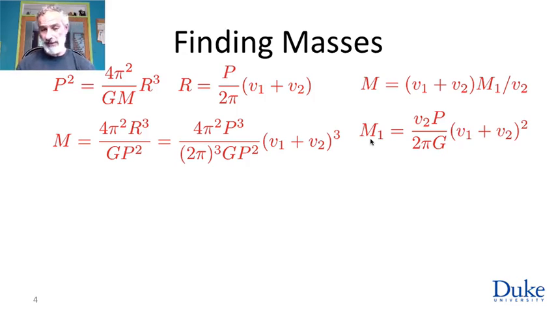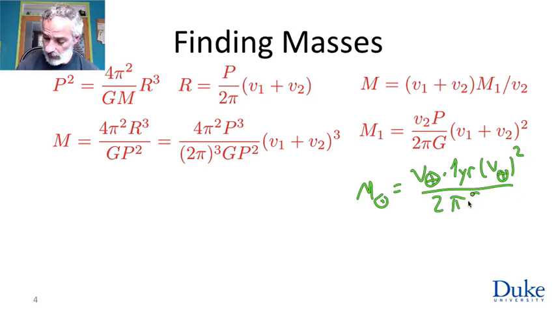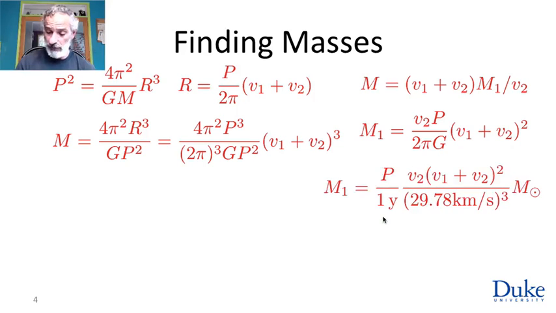Of course, it's easiest to assess this by scaling it relative to, we know that for the Earth and the Sun, I have that the mass of the Sun is equal to the speed of Earth times 1 year times, the speed of the Sun is negligible, let's write the speed of the Earth squared, divided by 2 pi G. And then dividing one expression by the other, I get my happy scaling formula that says, since I know the speed of Earth in its orbit is 29.78 kilometers per second, I can get the mass of each star in units of the solar mass this way, and so we can find masses.